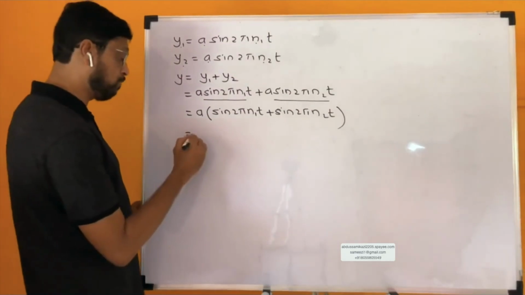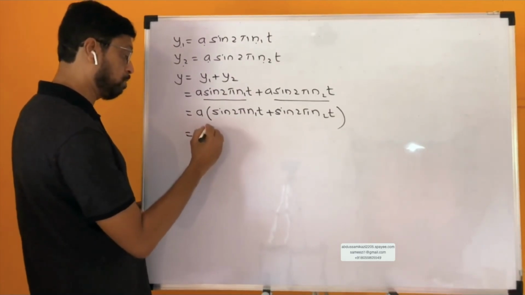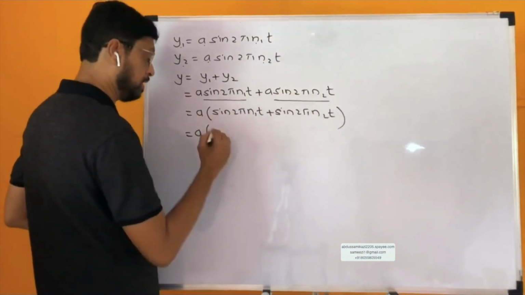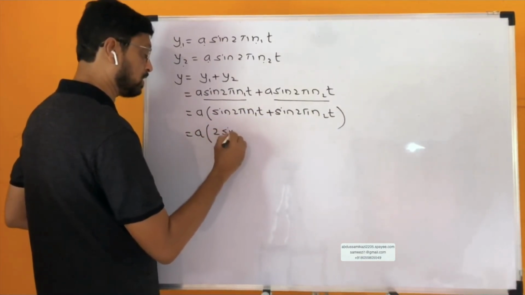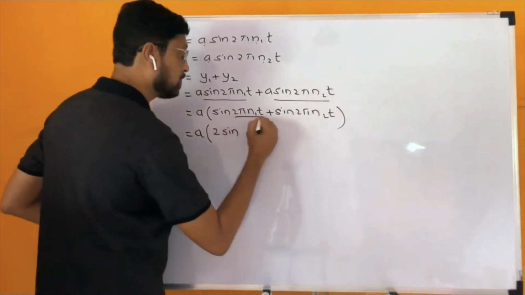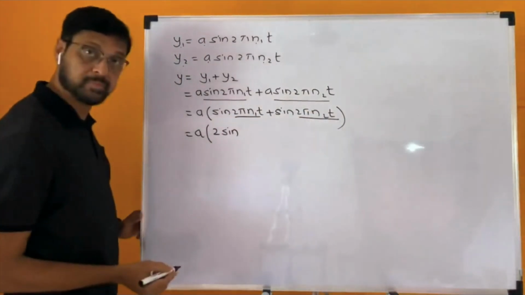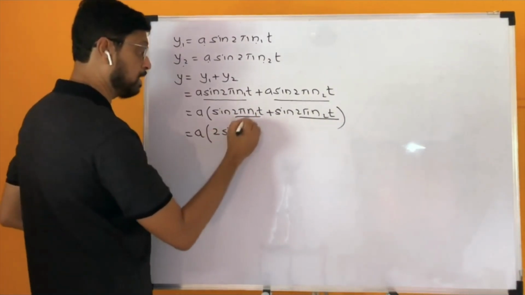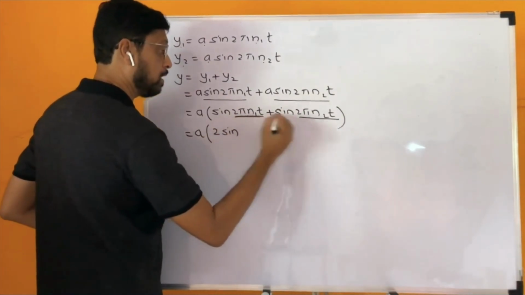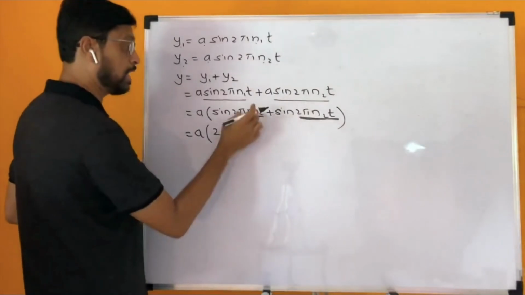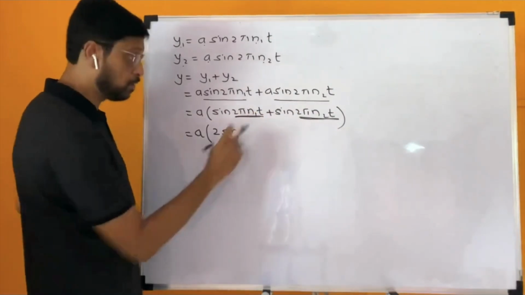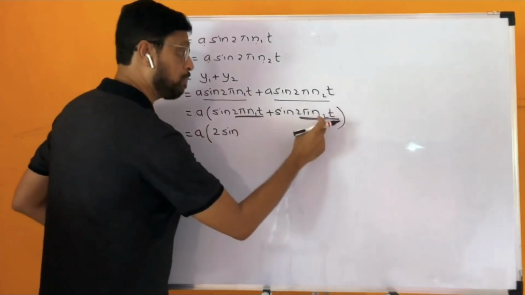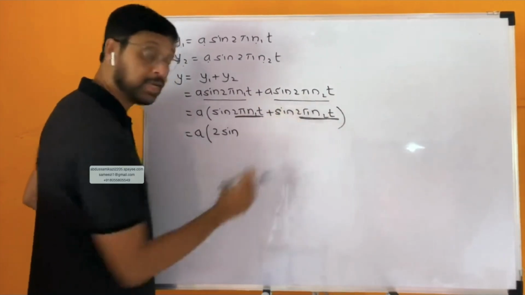So this will be equal to A into the bracket, 2 sin (C plus D) by 2. This is C, this is D. Now in these two, again 2 pi t is constant. So when you add 2 pi n1 t plus 2 pi n2 t, you can take 2 pi t common.